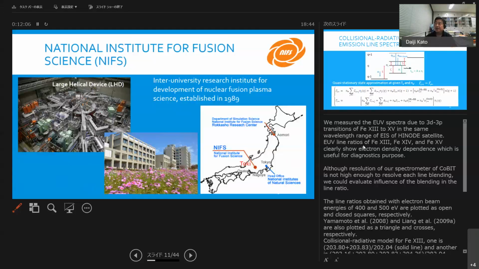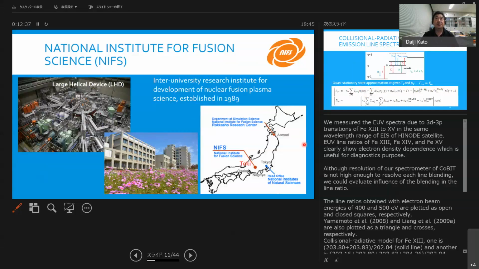The EUV line ratios of those ions clearly show electron density dependence, which is useful for diagnostics purposes. Although our spectral resolution with COBIT is not high enough to resolve each blending line, we could evaluate the influence of blending on the line ratio.